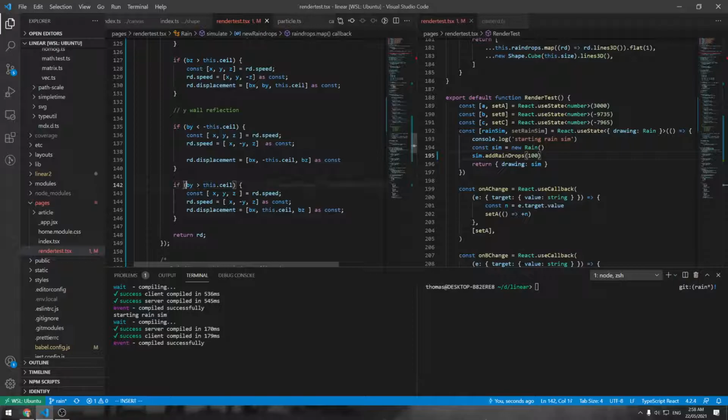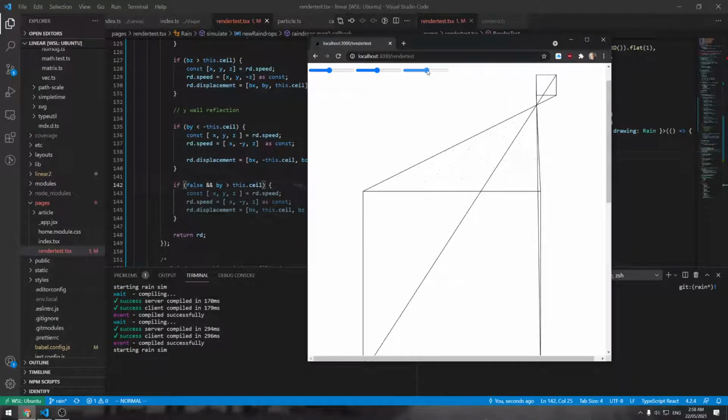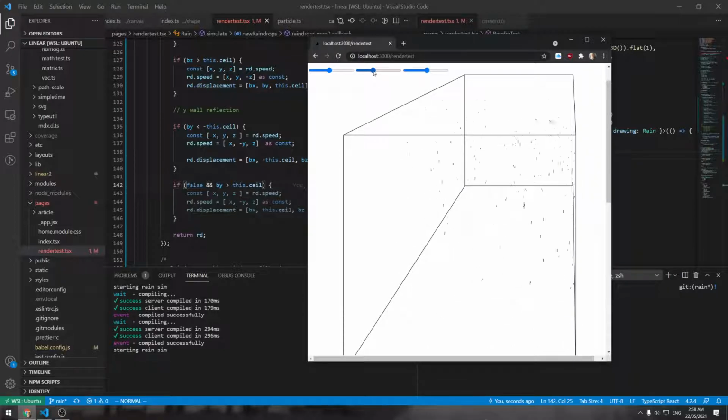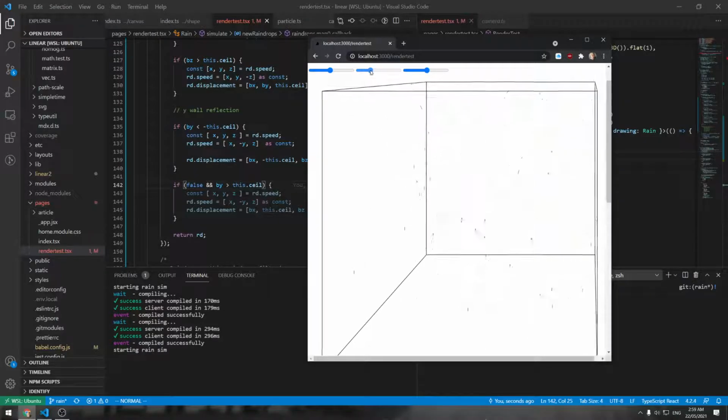I think a nicer one is taking the top off of the cube, because that allows the drops to keep going up until they start falling again, until their vertical velocity reaches 0, which is, I think, a much nicer physics demonstration.